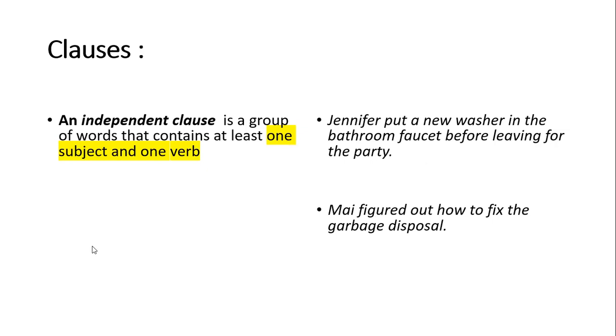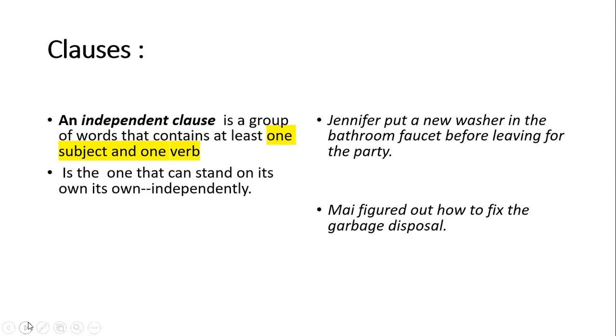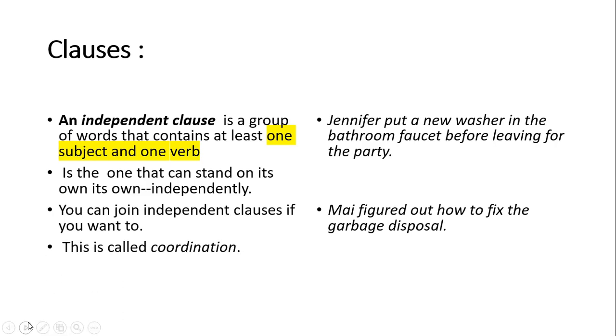All sentences are clauses, actually, but not all clauses are sentences, because we have another criteria. A dependent clause is actually called a fragment. That's the reason why. So the second thing that you should remember is that independent clauses stand on their own; that's why they're called independent. The third aspect is that you can join independent clauses if you want to. This is called coordination.